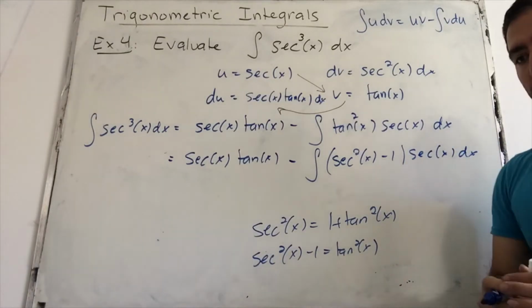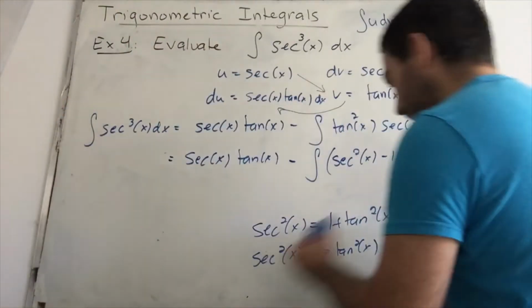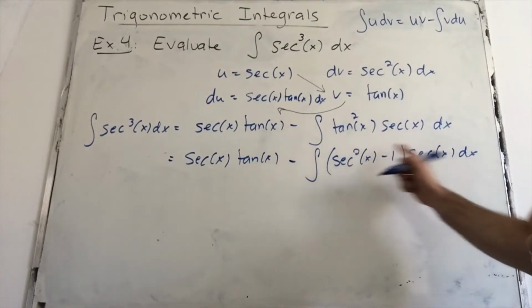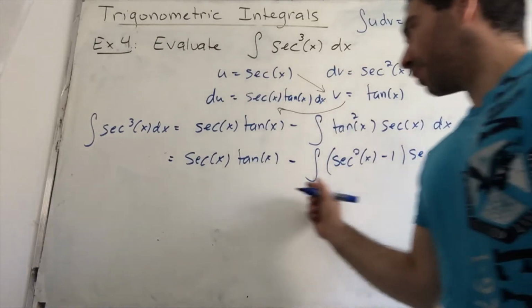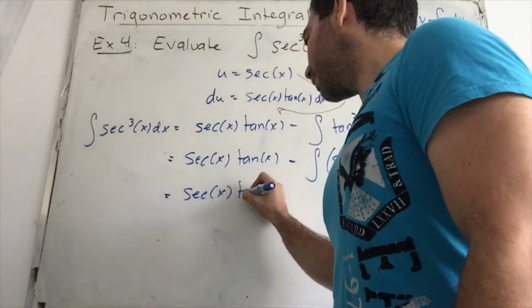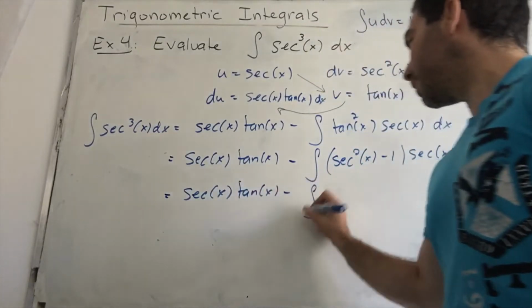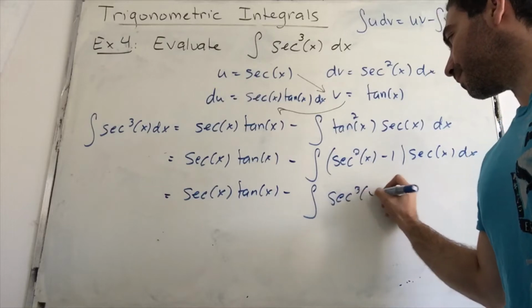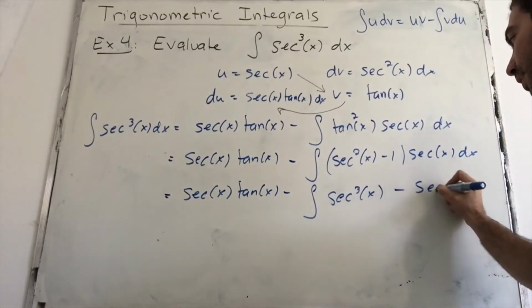Okay. So using our property, we switched it into this form. And now what I'm going to do is distribute the secant. So we get secant x tan x minus the integral of secant times secant squared, which is secant cubed, minus secant x dx.